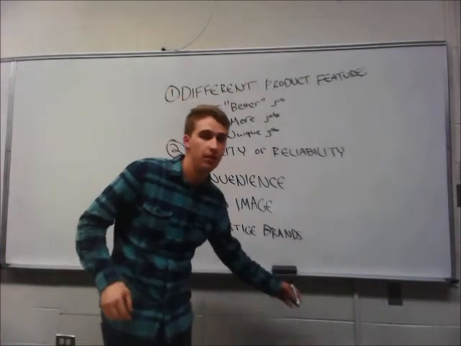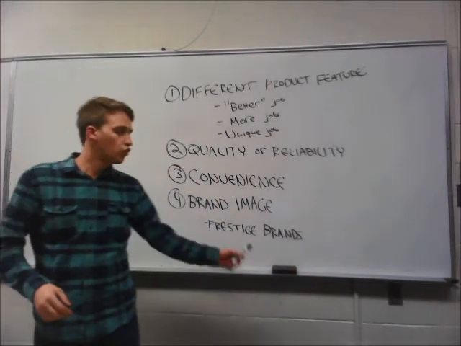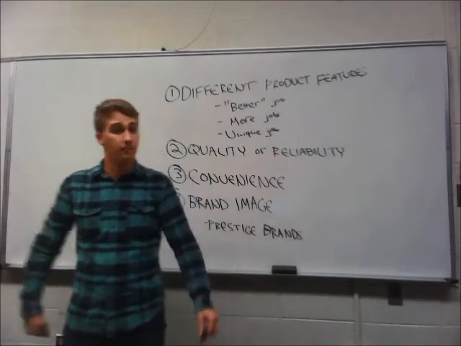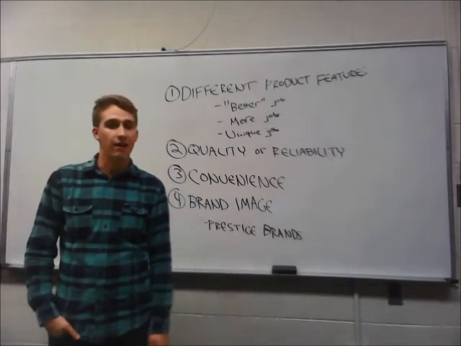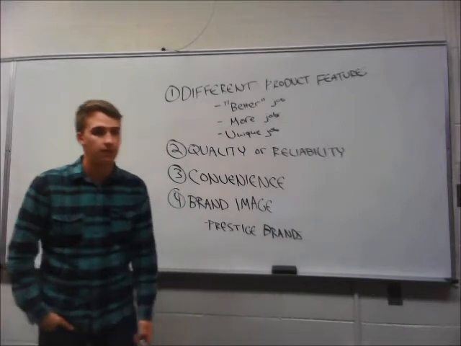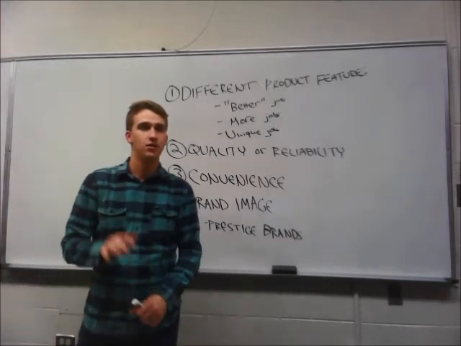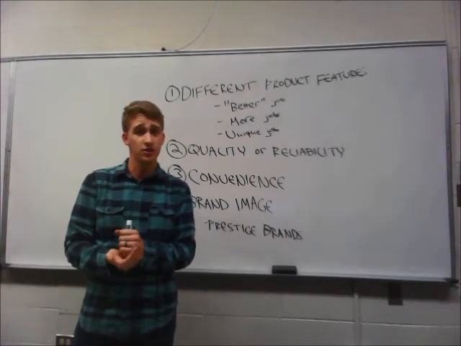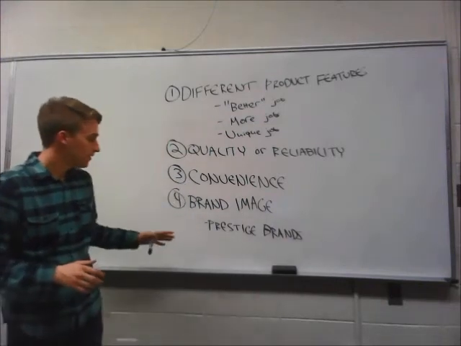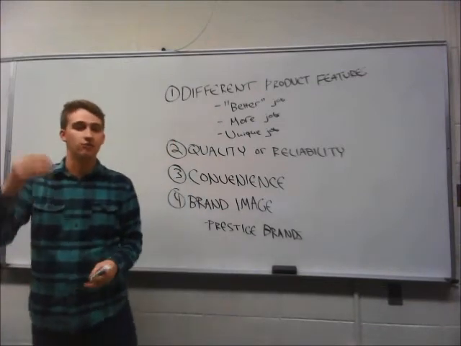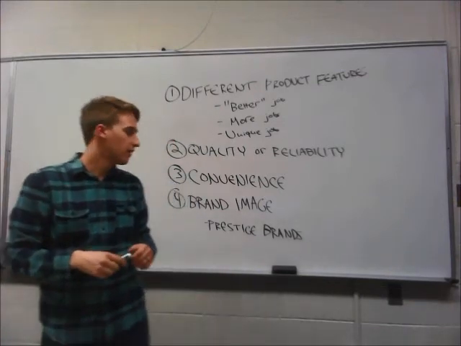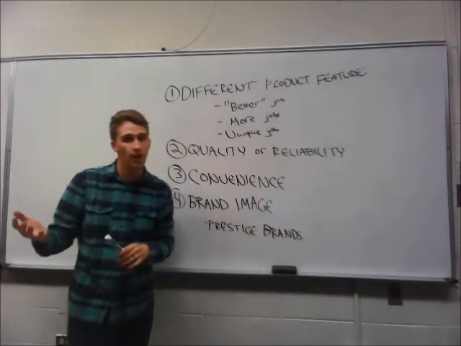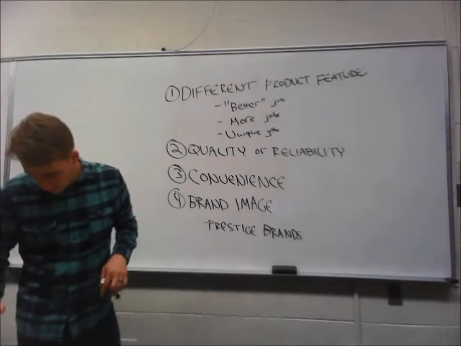When you see somebody pull up in an old Toyota, that product has certain qualities. Maybe they're eco-friendly, or monetarily conscious. Prestige brands are, you see it and it has certain qualities associated with it. Brand image is familiarity. Prestige brands is certain qualities associated with things.